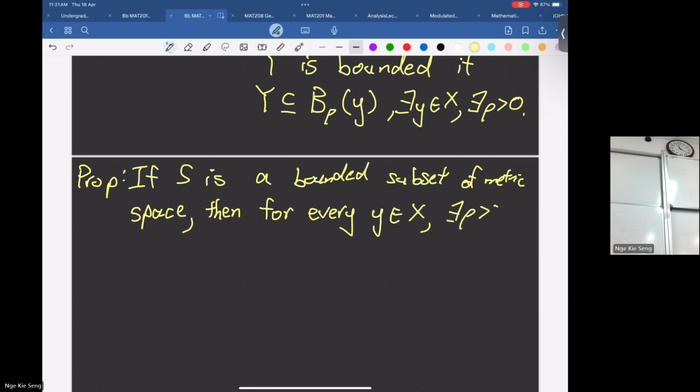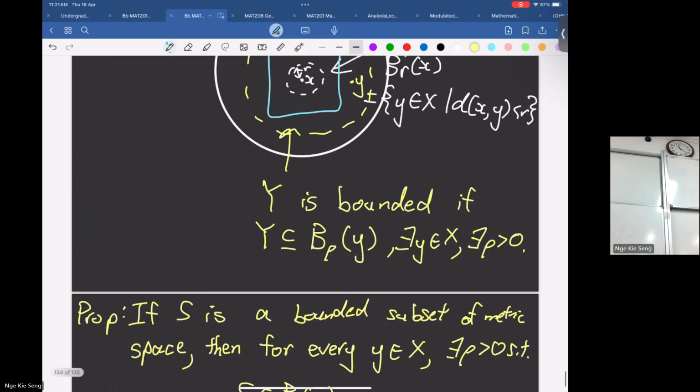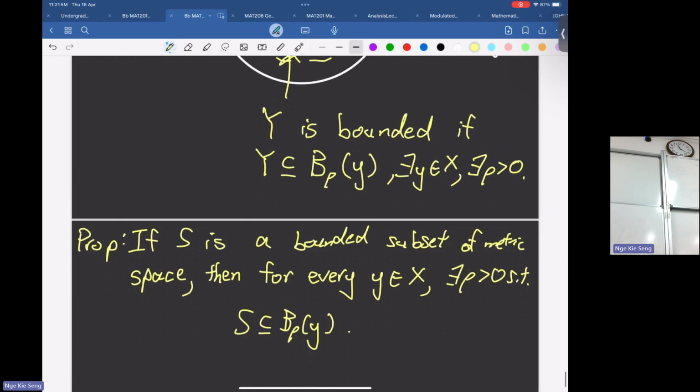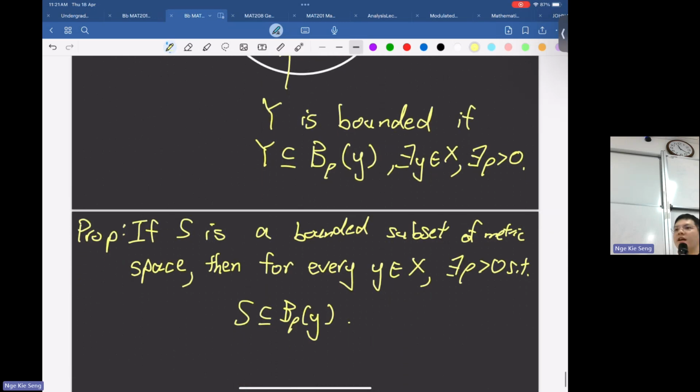So you see, we go from an existential quantifier to a universal quantifier here. If your set is bounded, you can start at any point in your metric space and then build an open ball that bounds the bounded set.